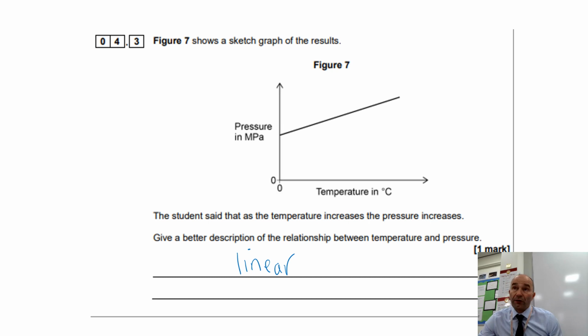So it's a straight line relationship. Now, if you talk about this being directly proportional, you will lose the mark. Although this is a straight line, which often suggests it's directly proportional, it doesn't go through the origin. That is why we have to say that this is just a linear relationship, not directly proportional.